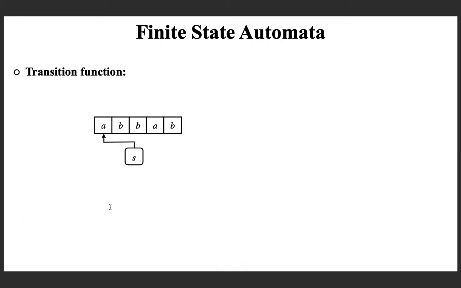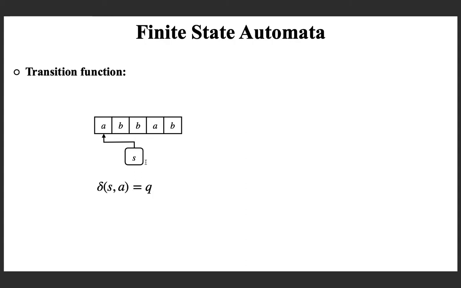Now, what is a transition function in a finite state automata? We can try to recall it using an example transition function. So here is an example. It says if you are in the state S, and if you read the input symbol small a, then you change your state to small q.